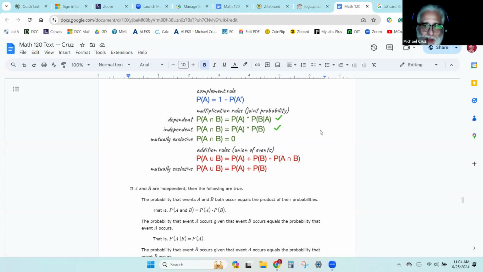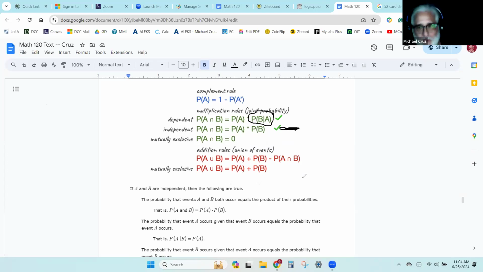This right here looks kind of menacing, but all that simply means is that we're adjusting that probability to show that event A has occurred. Event A affects event B. So this one right here is the important one as far as independence is concerned.